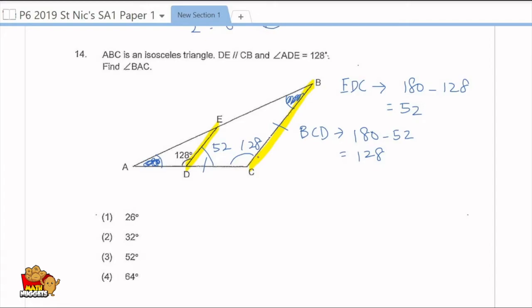So if I know that this is 128, looking at the isosceles triangle, I can find angle BAC already. So BAC would be 180 minus 128 divided by 2, which will be 26 degrees. Number 1.